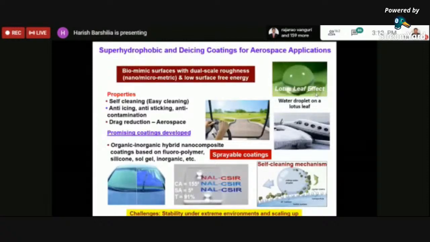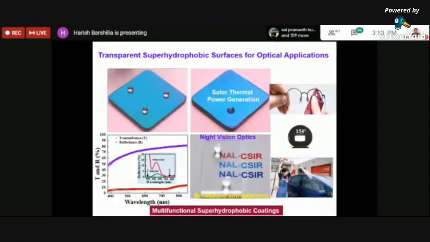Of course, there are a lot of challenges in terms of the stability of these coatings under extreme environments, and the scaling of these coatings is also very challenging. So a lot of work is going on all over the world to address this issue.